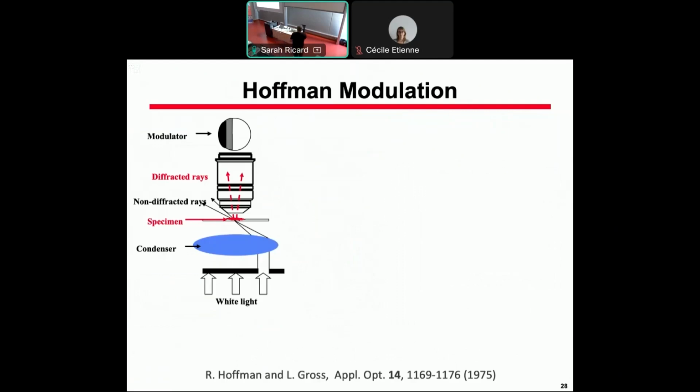Hoffman had a different idea, quite similar, but different, in the sense that up to now we are playing with illumination, not at detection. So Hoffman combined the illumination with a filter, a modulator, placed in the back focal plane of the objective, which historically had areas that were transparent, weakly absorbent, and more absorbent.